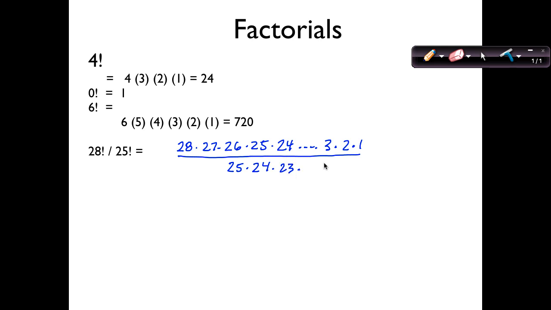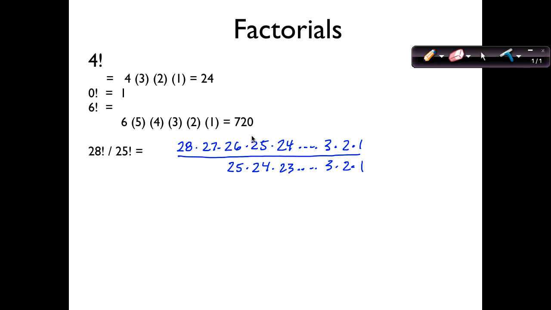Do you see that 28 factorial has 25 factorial in it? Every factorial has, as a factor, all the previous factorials. So 28 factorial includes 27 factorial as a factor, 26 factorial as a factor.